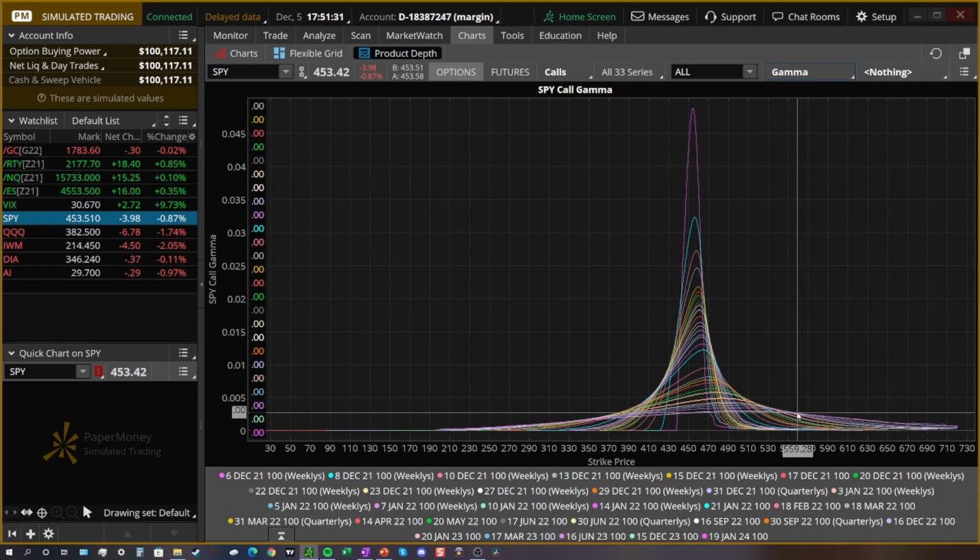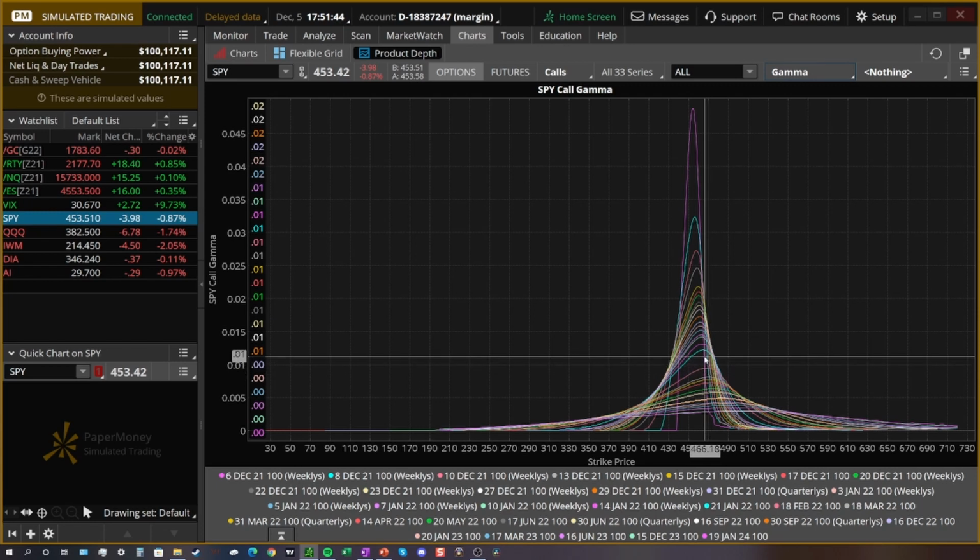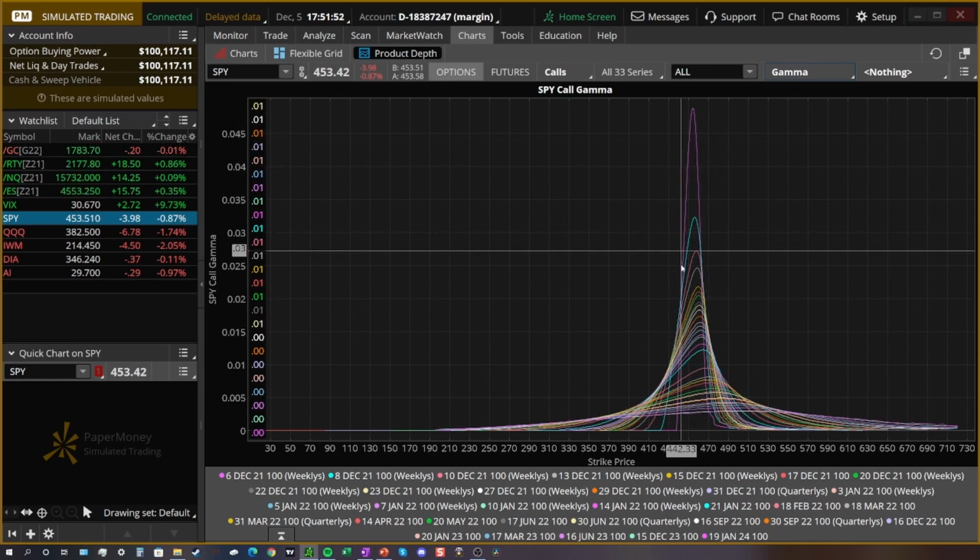It's out of the money by a good amount, and the peak gradually works its way to being where the current stock price is. It's one of those weird things, but the peak for near-term options is generally at the money. Nothing real shocking.